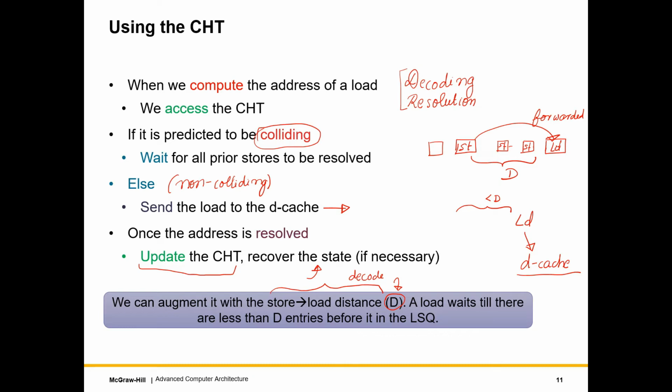So this was predicted as d, and the moment the distance between the load and the earliest store in the store queue falls below d, we find that this prediction no longer holds, which means that there are no more matching stores, most likely, of course. So then the load can directly be sent to the data cache.